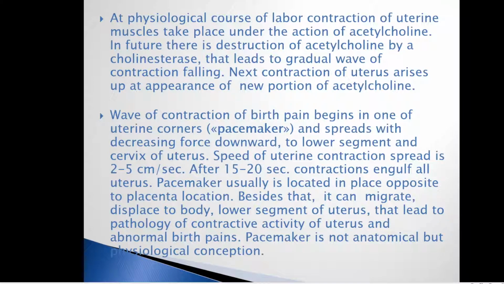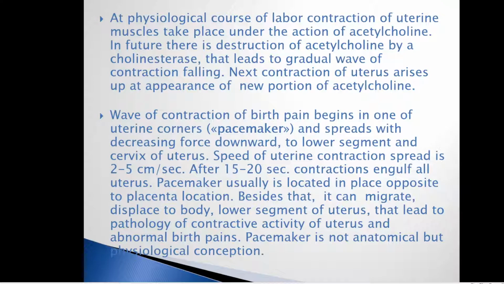In the physiological course of labor, contraction of uterine muscles takes place under the action of acetylcholine. Then there is destruction of acetylcholine by cholinesterase that leads to gradual falling of the contraction wave. The next contraction of the uterus arises at the appearance of a new portion of acetylcholine.